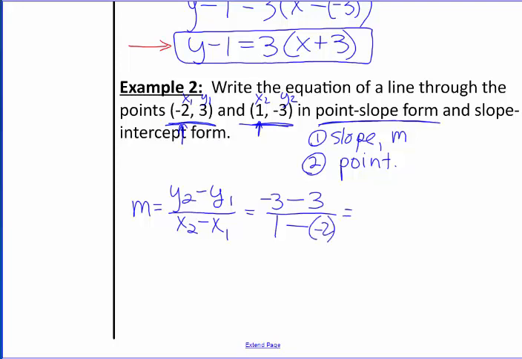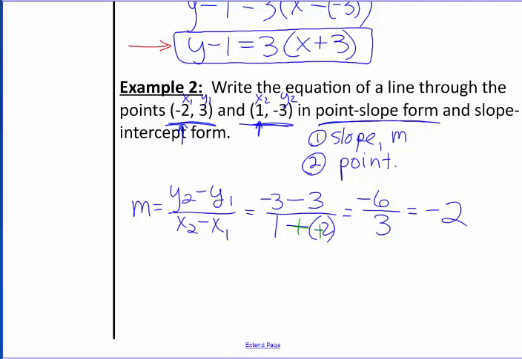And then do some simplifying. On top, negative 3 minus 3 is negative 6. On bottom, remember the minus a negative is the same as adding the opposite, which makes them positive. So 1 plus 2 is 3. Simplify: negative 6 divided by 3 is negative 2. So that is our slope.